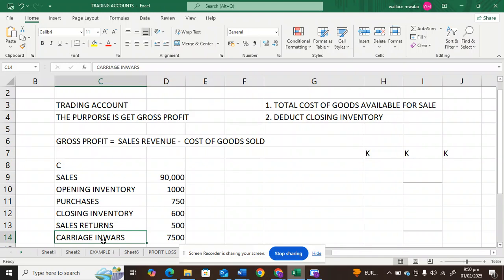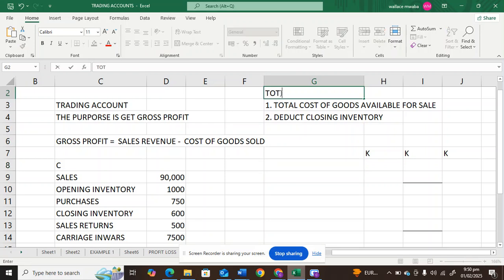So this is how we begin to make our trading account. The first item we're going to put is our sales. This is the money we made from selling our goods.